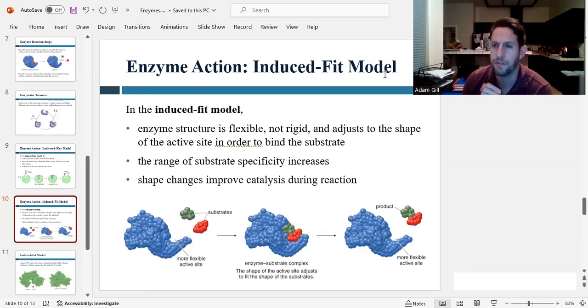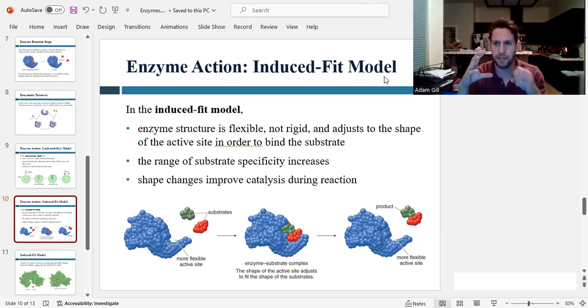The induced fit model means that when you bind the substrate, the binding induces a conformational change in the enzyme. It's that the enzyme folds around the substrate more tightly. Kind of like a catcher's mitt when you throw a baseball at it.